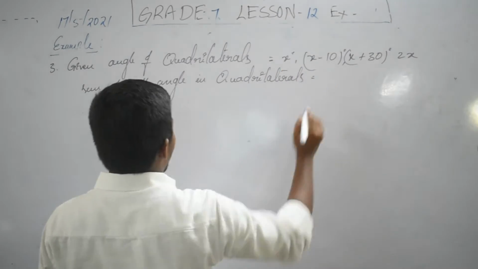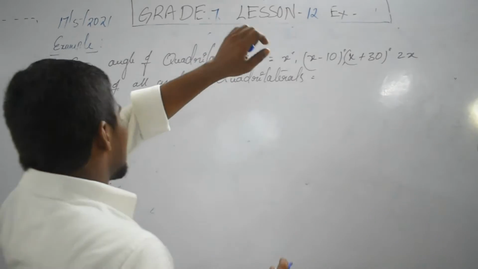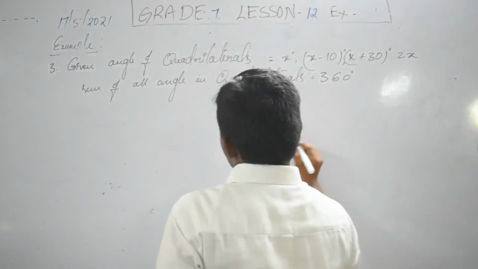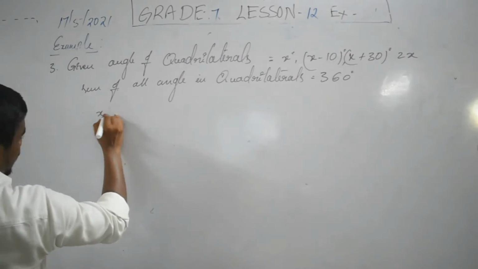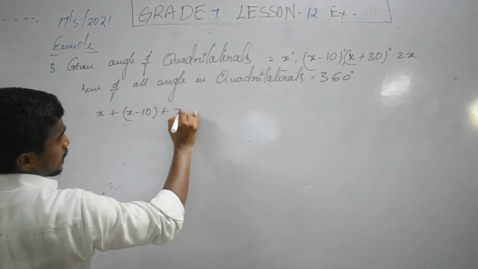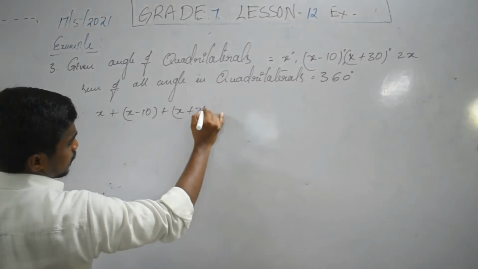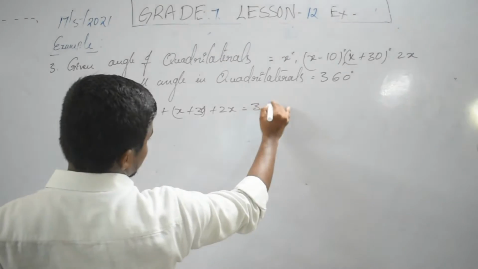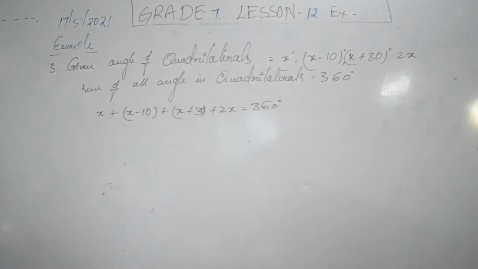Sum of all angles in a quadrilateral. How many degrees is it equal to? 360. So x plus x minus 10 plus x plus 30 plus 2x equal to 360.